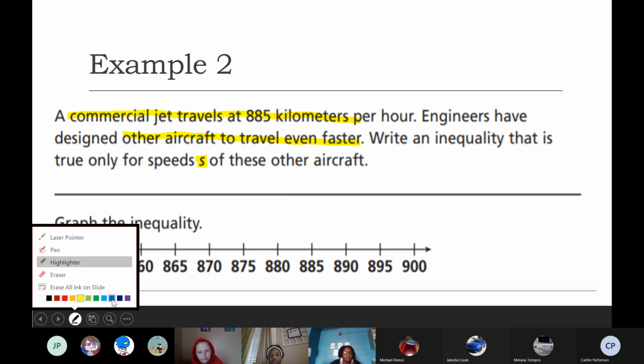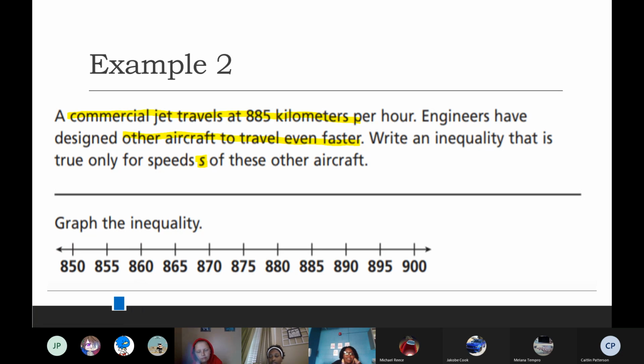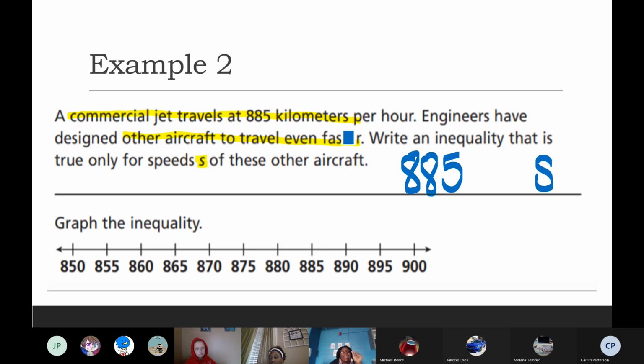Okay? So let's look here. We see we have to have 885 and we have to have S. Other aircraft can go even faster than a commercial jet. Does even faster mean less than or equal to or greater than or equal to? Greater than and equal to. It's actually less than.